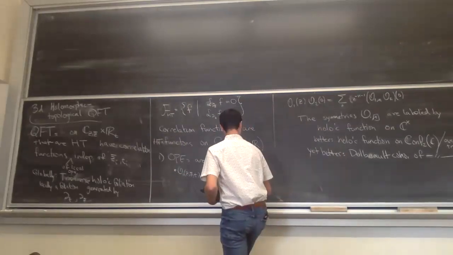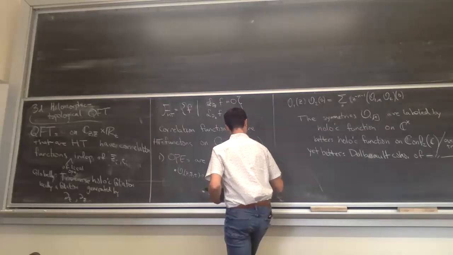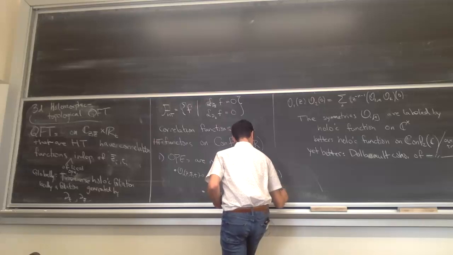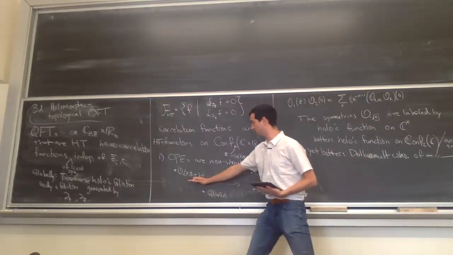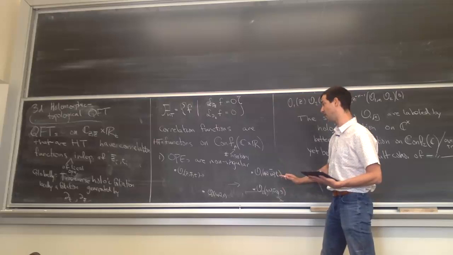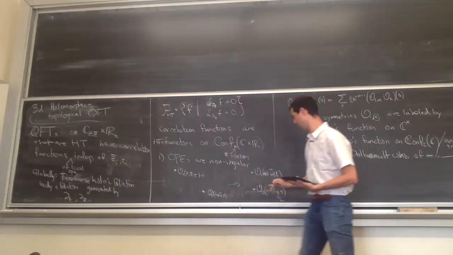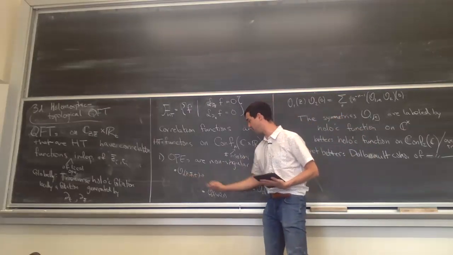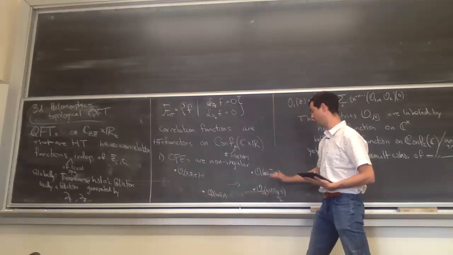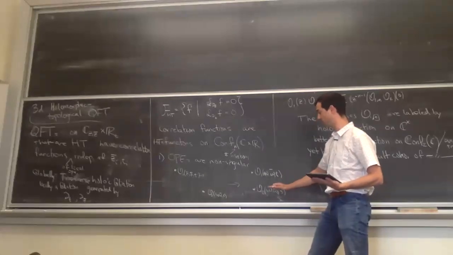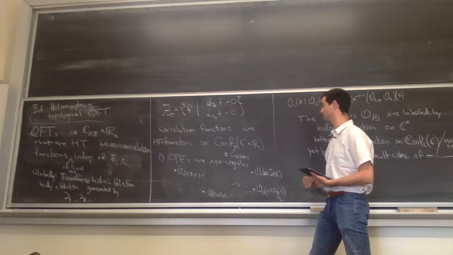So I can consider a configuration like this. Because this is a local quantum field theory, singularities can only arise when they're literally the same point. So correlation functions depend on z minus w, but they can't be singular when we send z to w because we can keep their separation finite while sending this difference to 0.